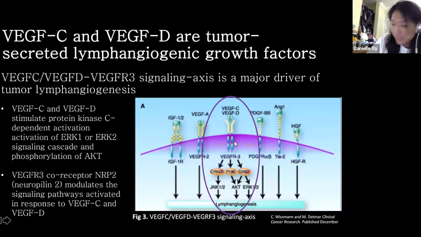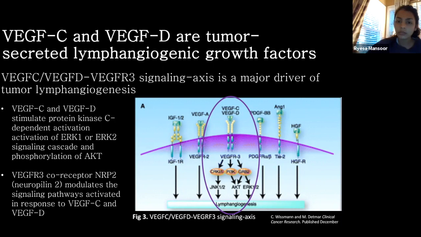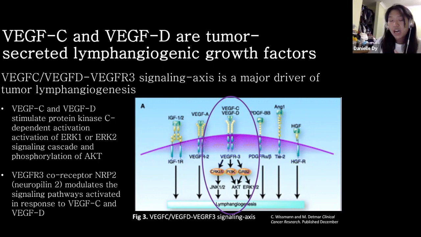The important thing to note here is that LECs, the lymphatic endothelial cells, and BECs, blood endothelial cells, do share a lot of common cellular and molecular traits, but they are different and unique in their own respective molecular and physiological behavior, and they have their own signaling pathways that allow them to develop and function as such.